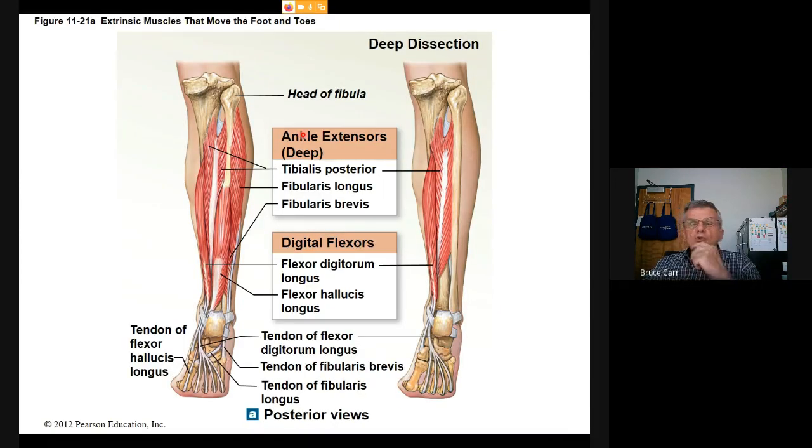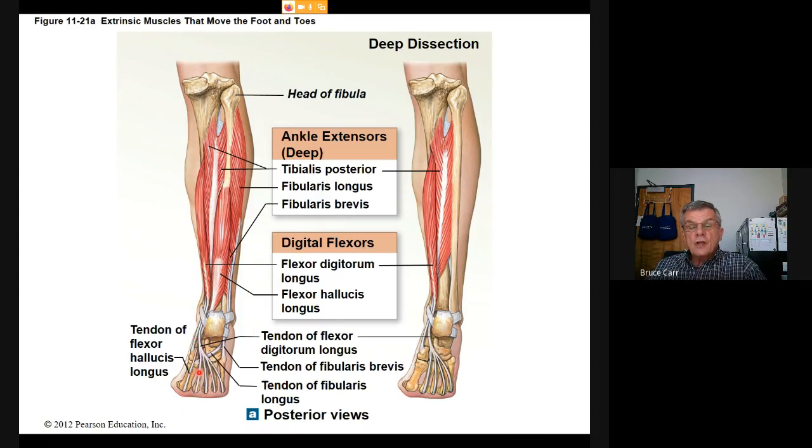Now, we've talked mostly about superficial muscles and haven't done very many dissections, but where there's a need for a lot of muscular power, we often find a superficial layer operating above an intermediate layer, which is operating above a deep layer, often right up against the bones. And this is showing the posterior view of the right leg and foot.